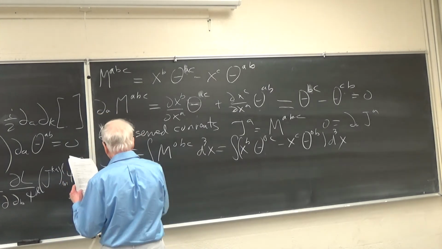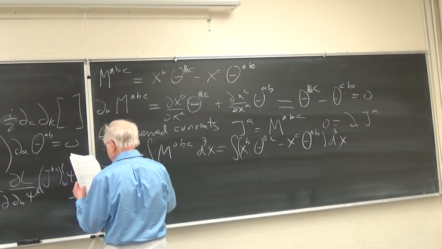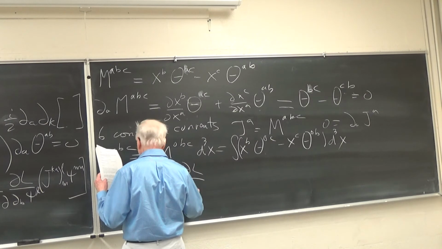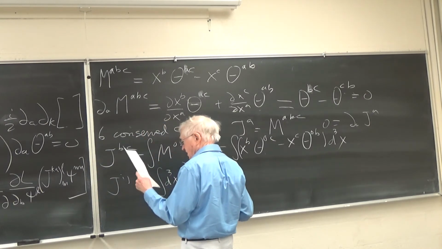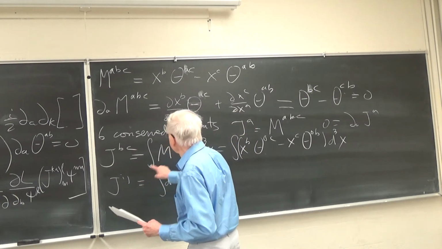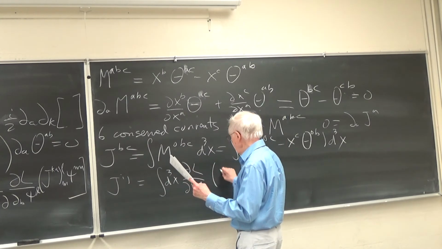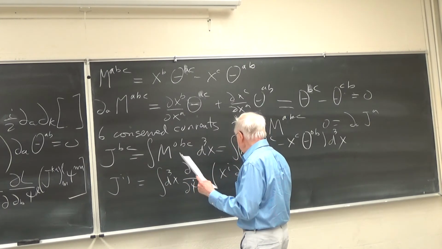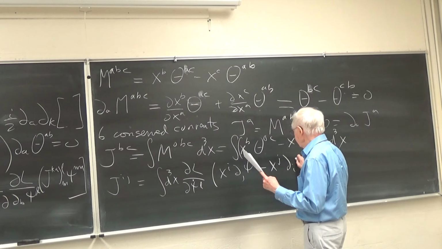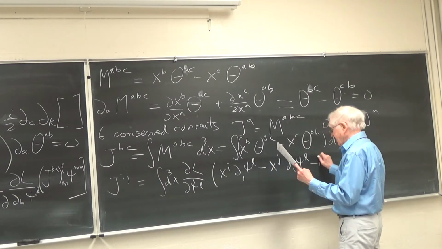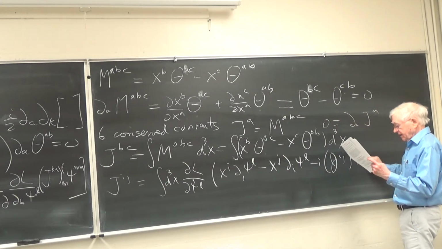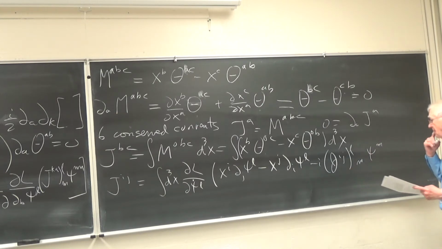In other words, a particular case here is, let us say, J_ij is an integral d cubed x of partial L with respect to psi_L dot, because we're taking the 0 component here, x_i, the jth derivative of psi_L, minus x_j, the ith derivative of psi_L, minus i, j, i, j, L_m psi_m.